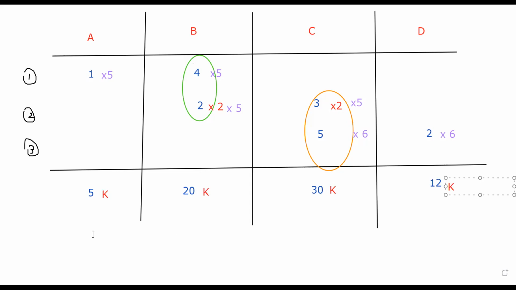So now we know that A plus B plus C plus D must be equal to 5K plus 20K plus 30K plus 12K.